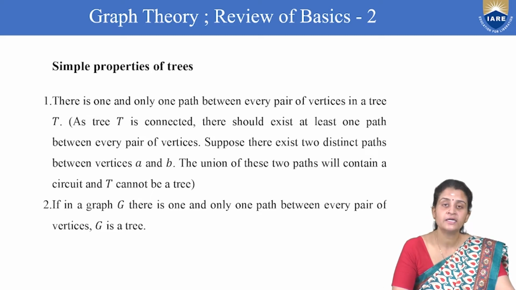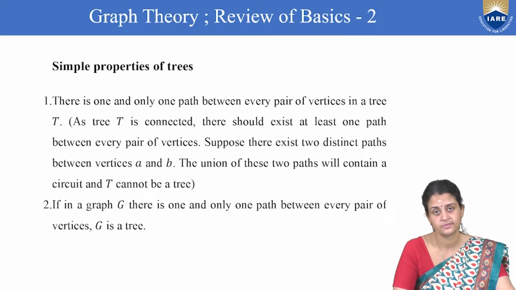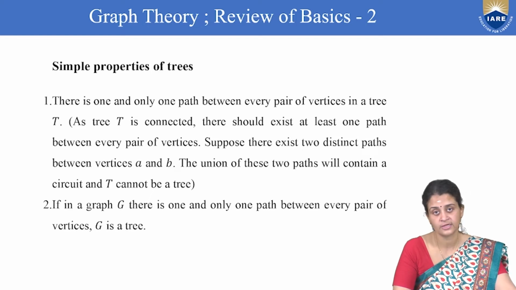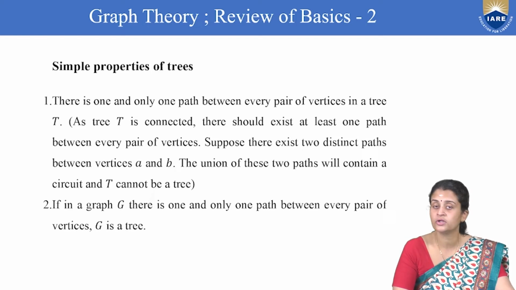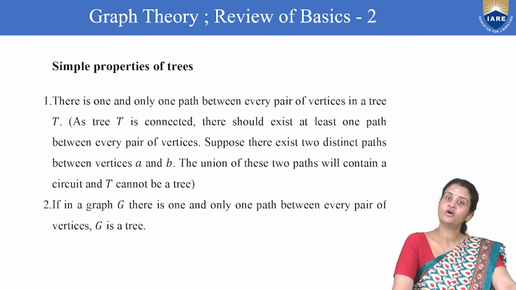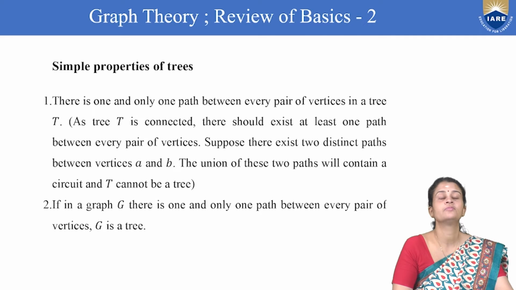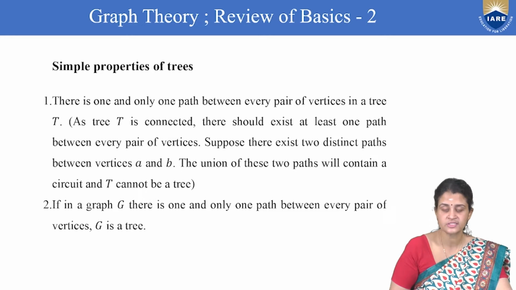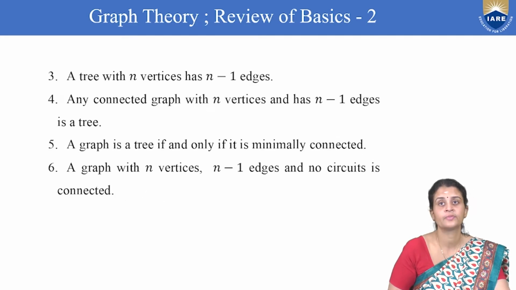Suppose in a tree there exist two paths between a distinct pair of vertices, then the union of these two paths will form a circuit and the resultant graph will not be a tree. So a graph can be said to be a tree if there is only one path between every pair of vertices.